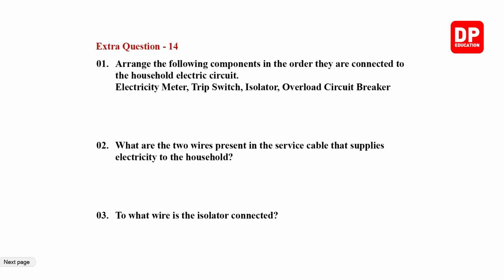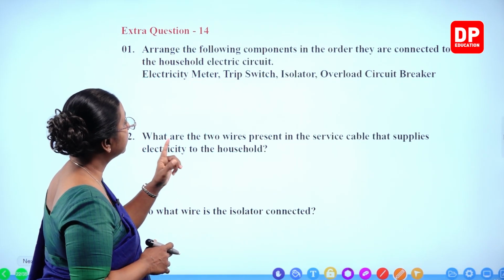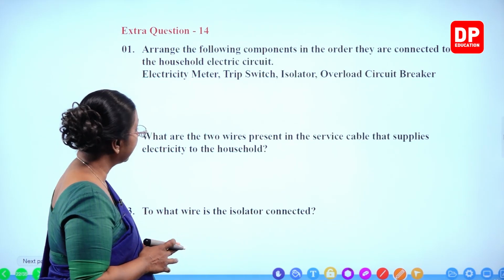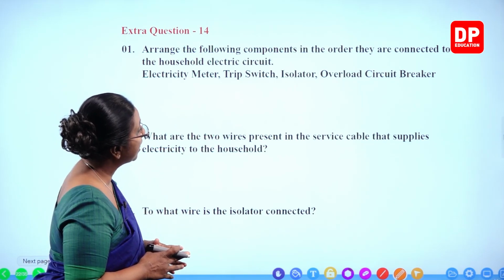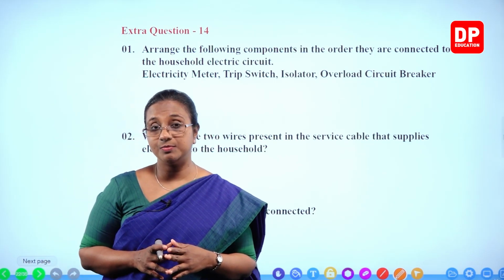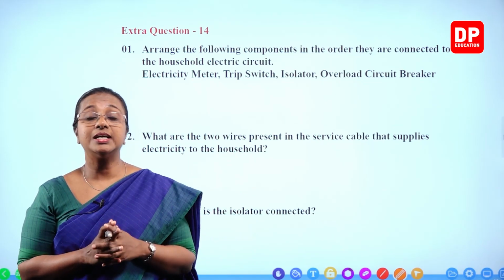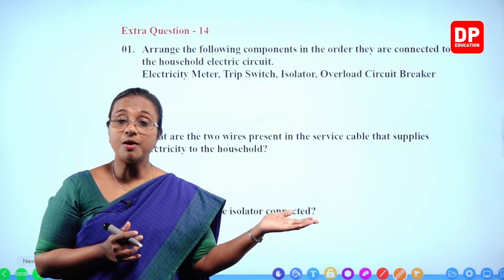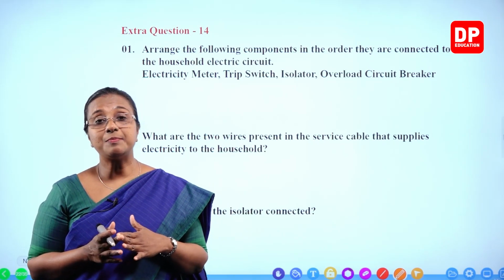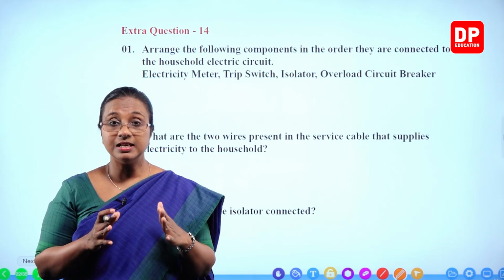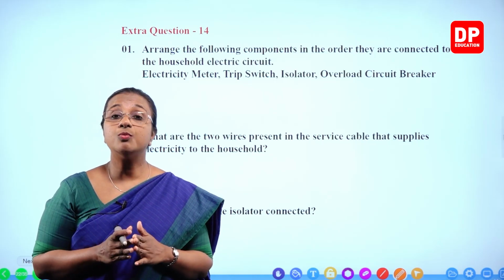Extra question 14. Arrange the following components in the order they are connected to the household electric circuit: electricity meter, trip switch, isolator and overload circuit breaker. If you recall all the components, initially from the distribution subcenters, electricity is supplied by electricity distribution wires.